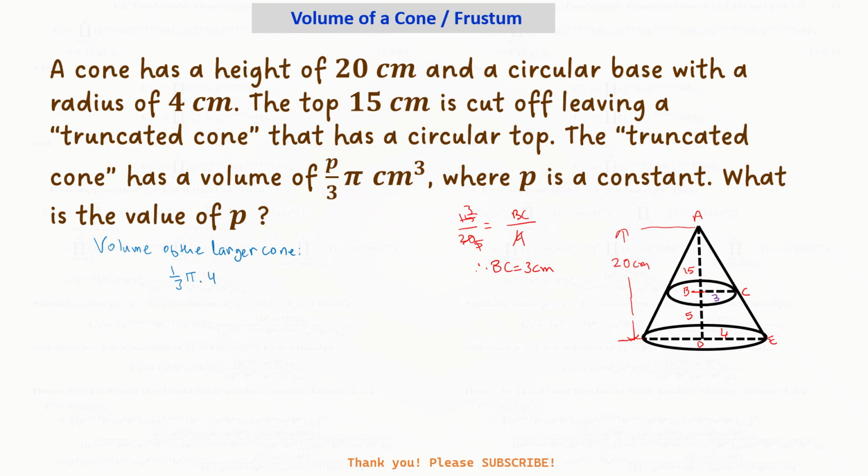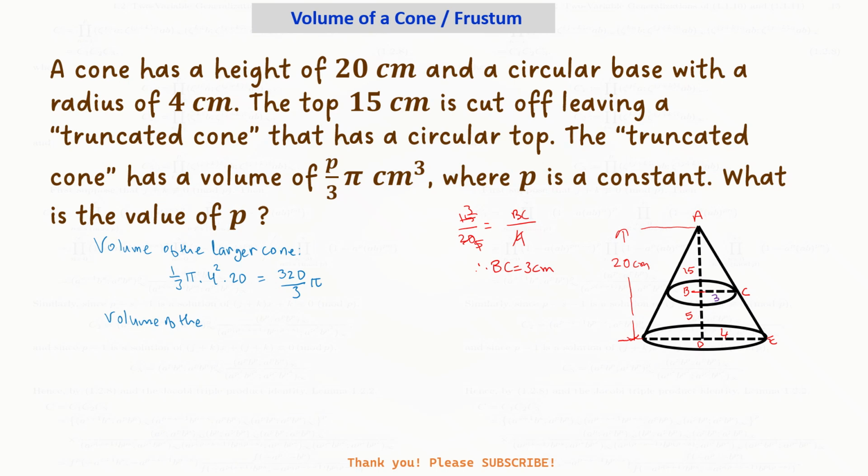Here r is 4, so 4 squared times the height 20, so that would be 16 times 20, 320 over 3 pi. We don't need to convert it into decimals because we need to have fractions with denominator 3. So we leave it like this.